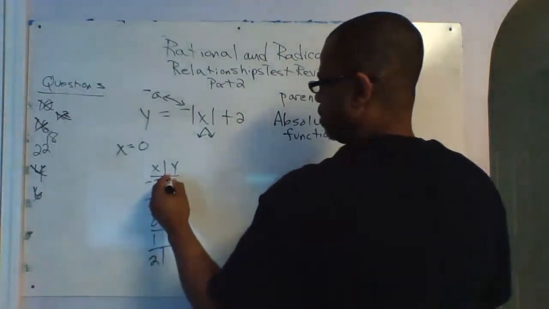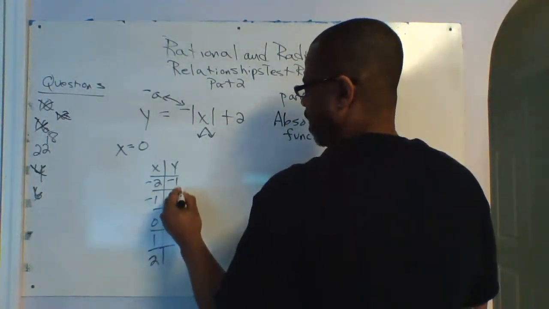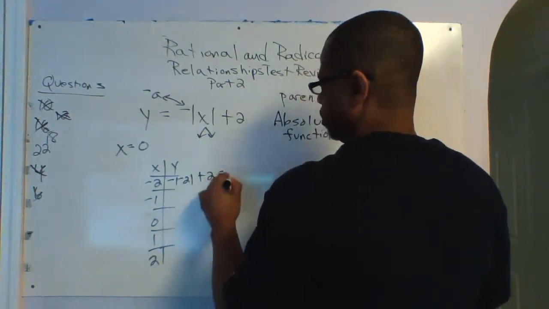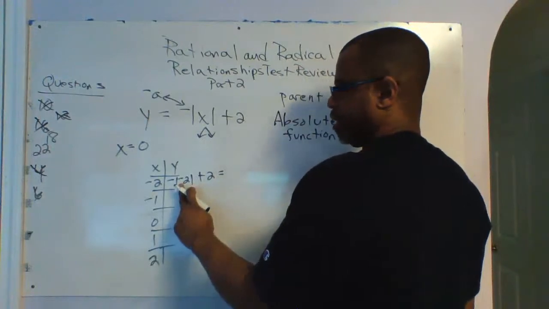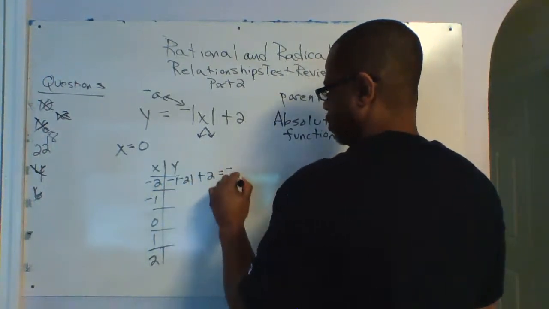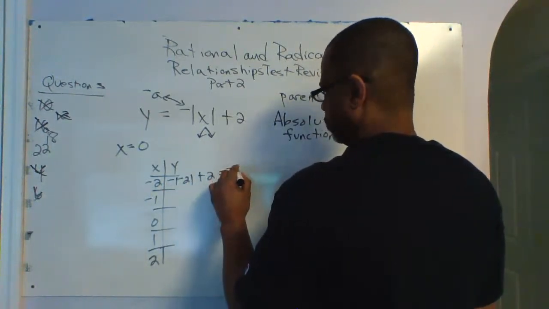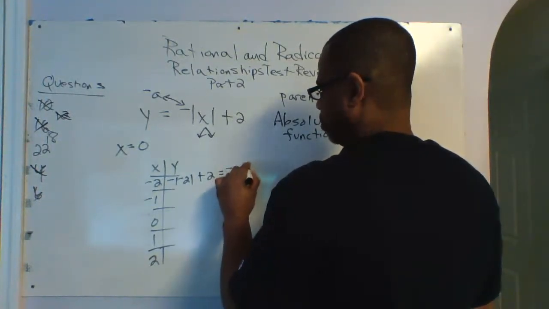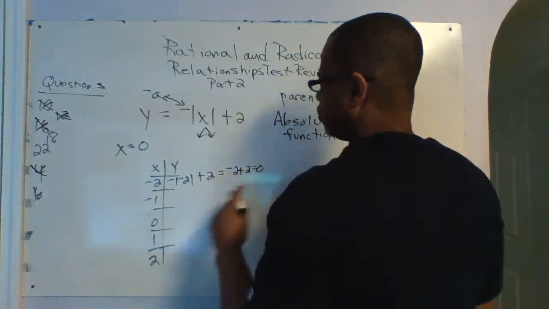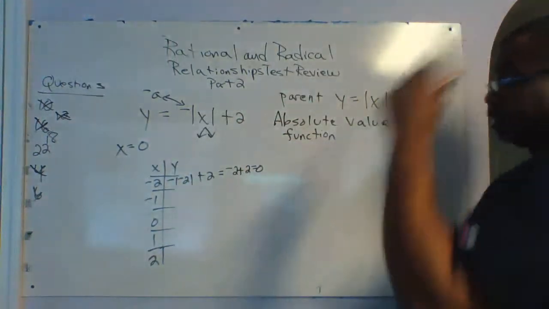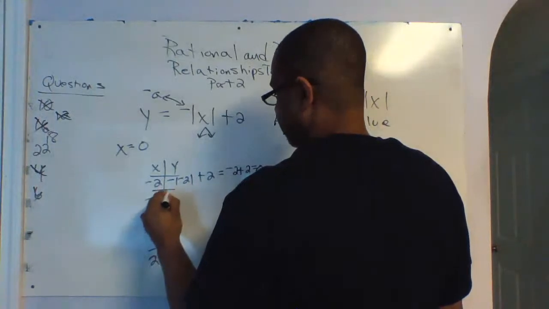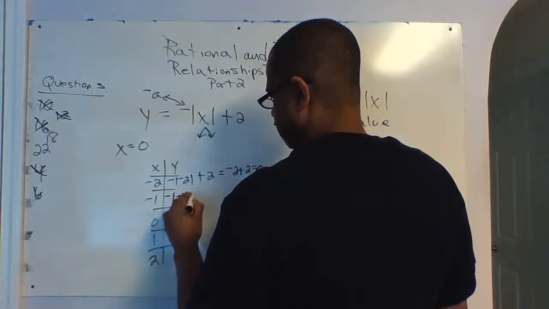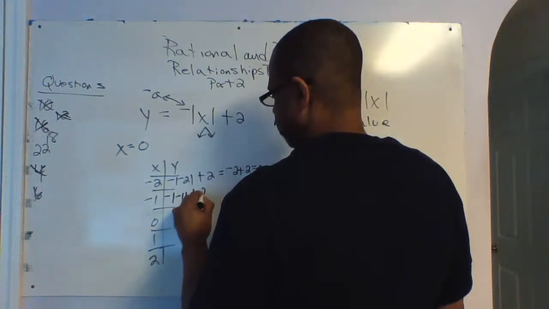All right. So if I have negative absolute value of -2 plus 2, we know the absolute value of anything is positive, and we got a negative out front, so that's going to be negative. So that's basically -2 plus 2 equals 0. Now, then I have -1.